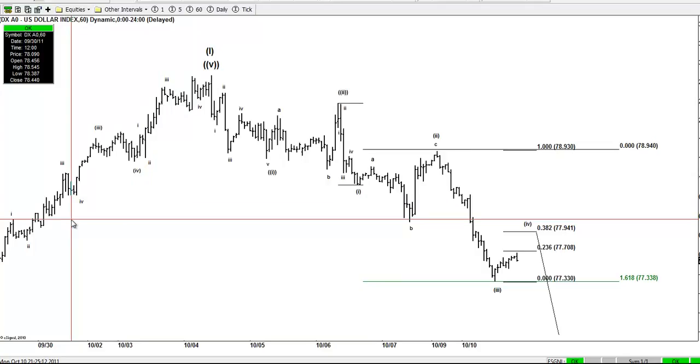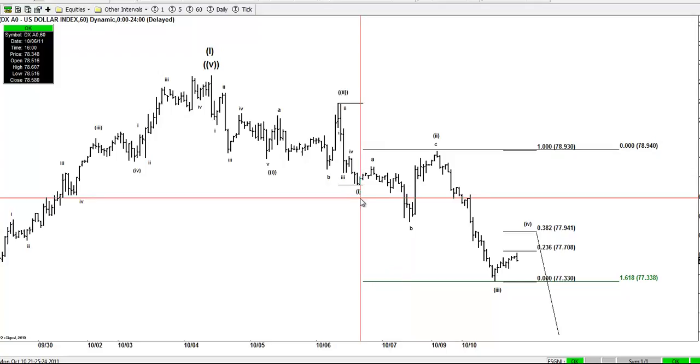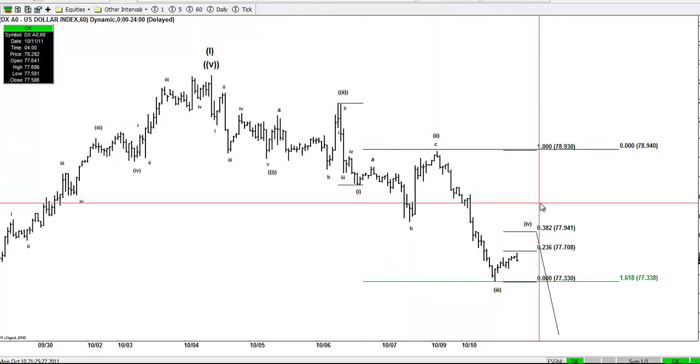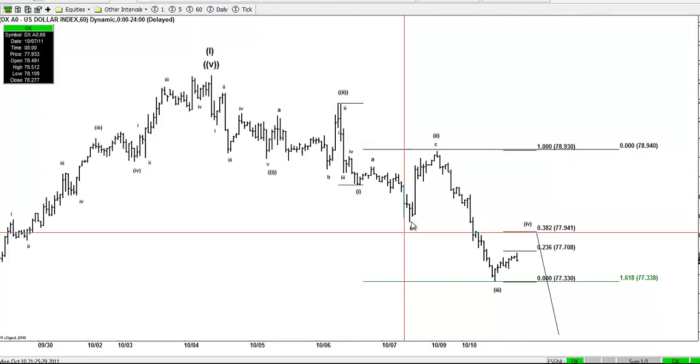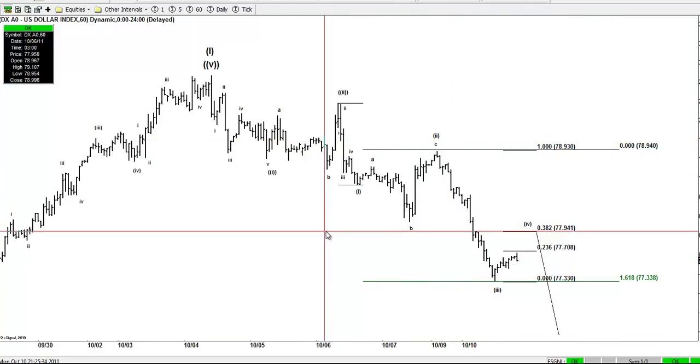In other words, we can go as a 5-3-5 structure within the move down, or we can go like 1, 2, 3, W S A B C, or A B C W S A B C. But at the end of the day, I don't think the move is up. No matter which way it goes, it's more downside within the dollar. One way or the other, it's going to be more downside.